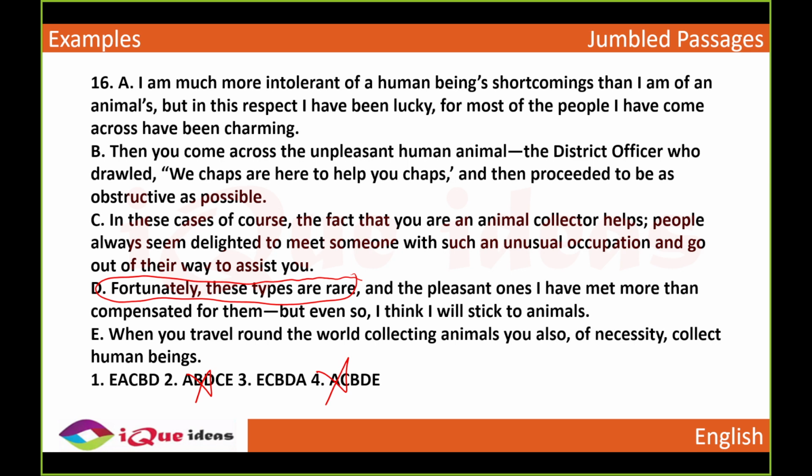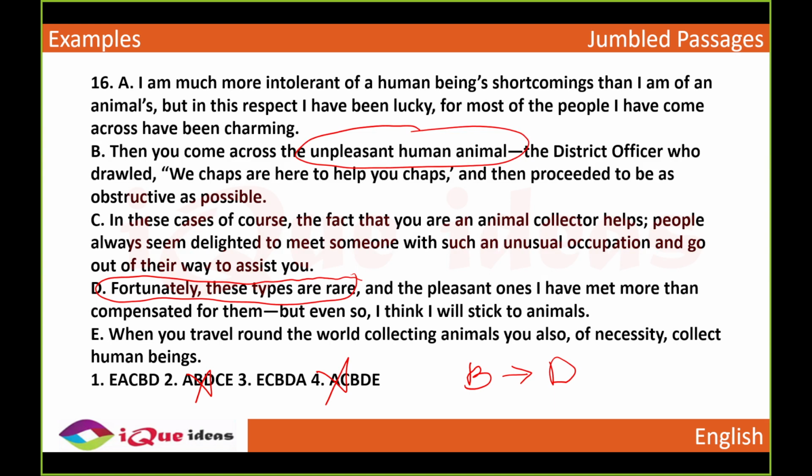Only if a bad thing is rare, then you would say it is good that such things are rare, and the bad thing is the unpleasant human being. Which means B will come first and after B you need D to come, right? But in both 1 and 3, we have got B and D together and in that sequence. So now the question remains, should A come before or after?